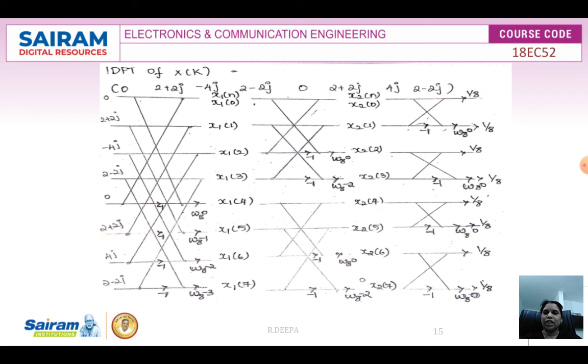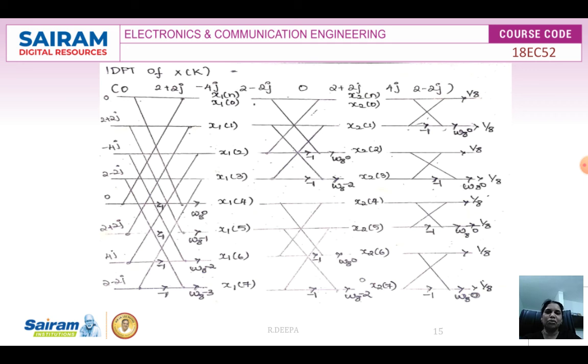It will start with the big butterfly, then the smaller one, then the smallest butterfly, which is a 2-point computation, at the last. As you know, the input has to be fed in the normal order and the output will be available in the bit reversed order, and each and every output of the final stage has to be multiplied with 1 by n. Hence I have multiplied with 1 by 8 here.